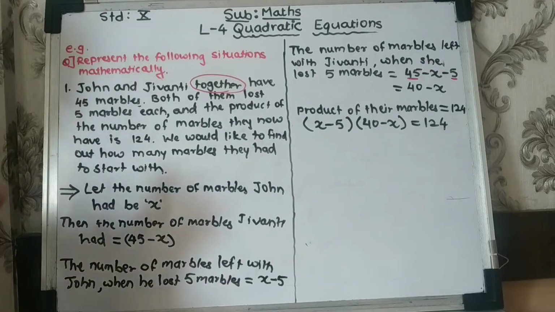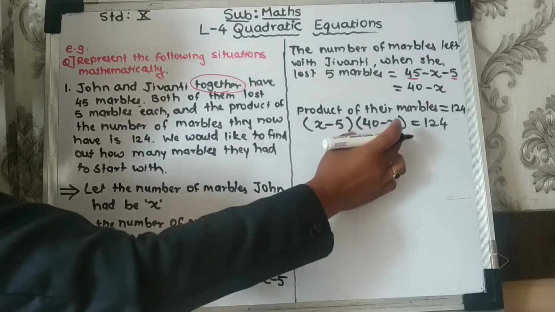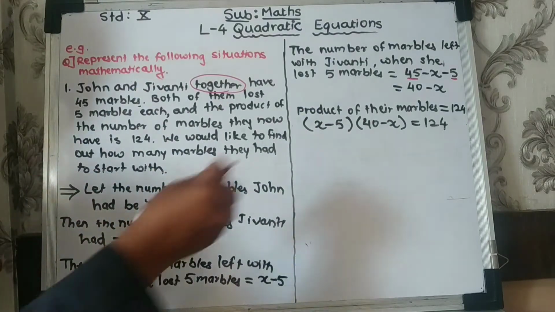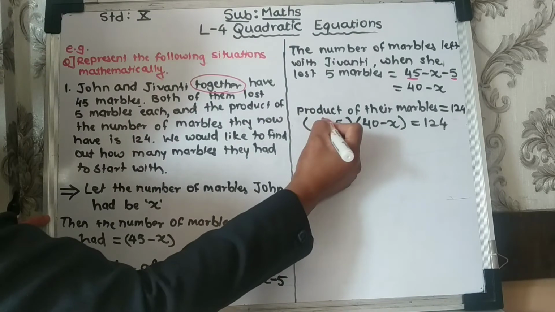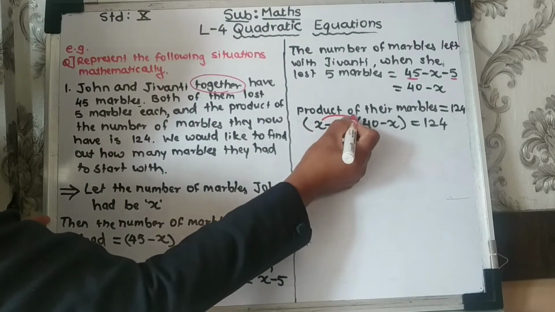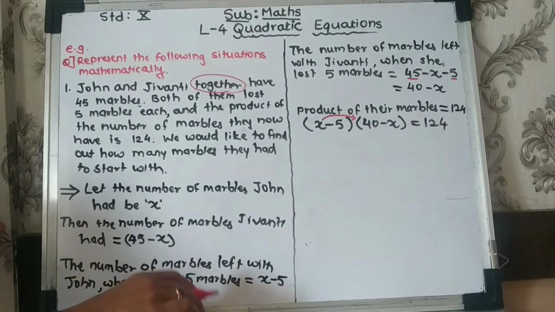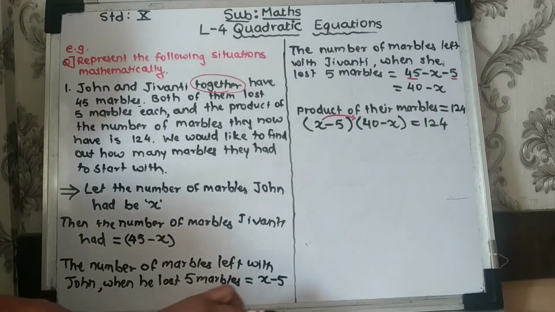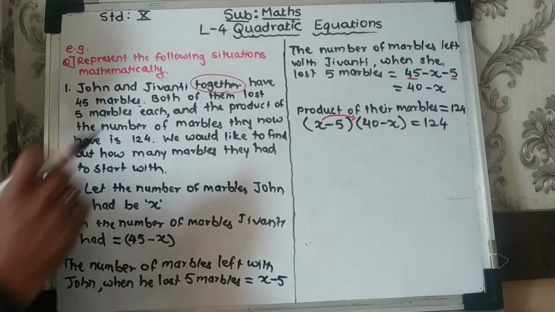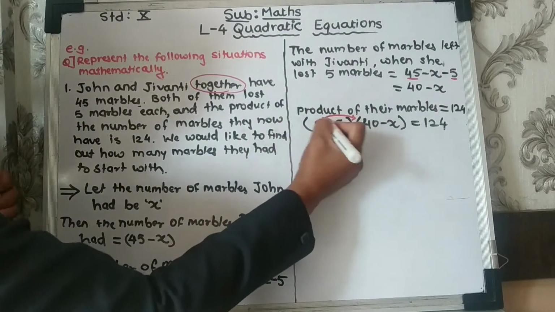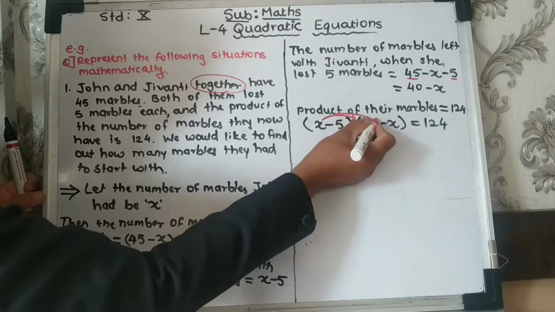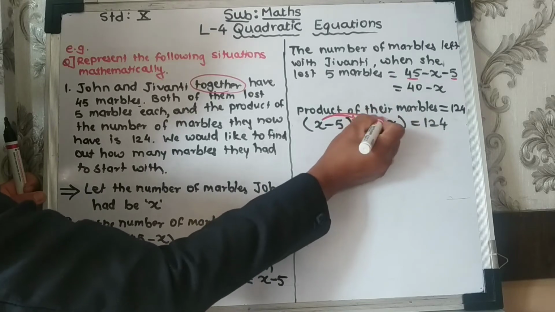Understood this one? Now, we will multiply here. When we multiply two brackets, each term from the first bracket is multiplied with the whole second bracket. So we multiply x into 40 and x into x.